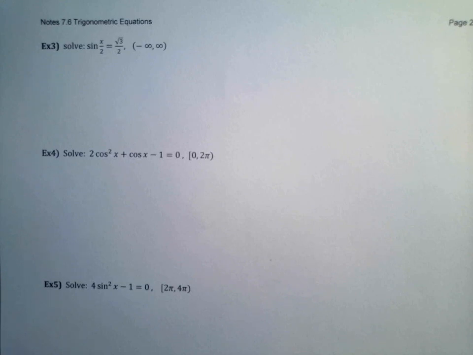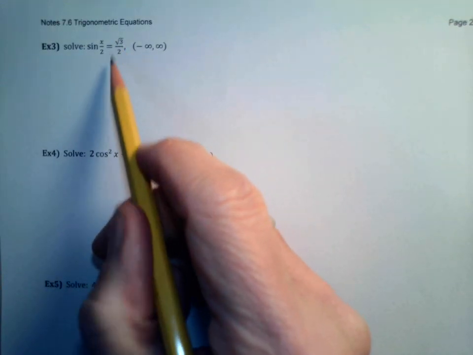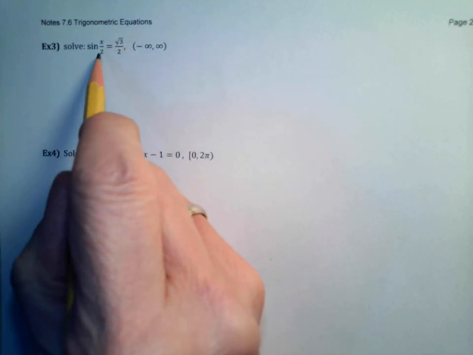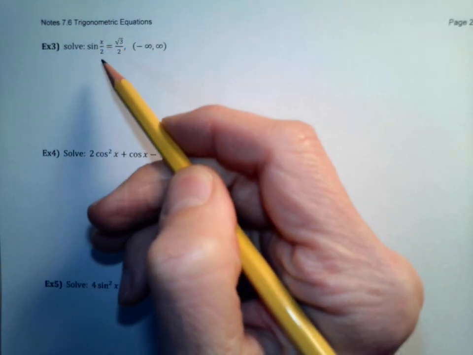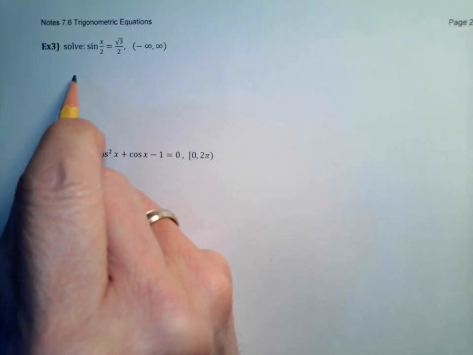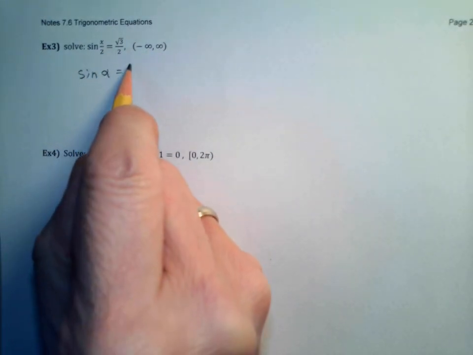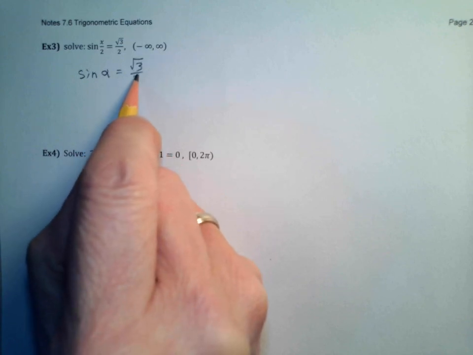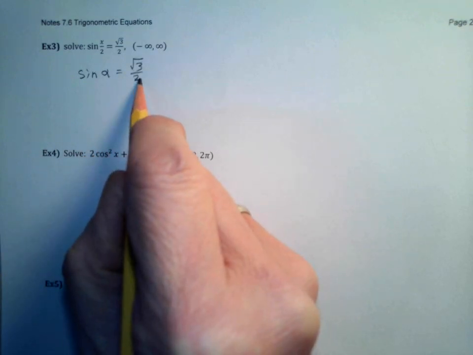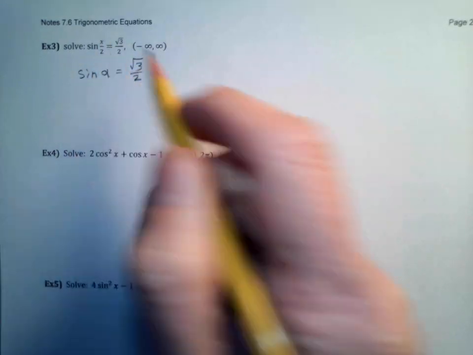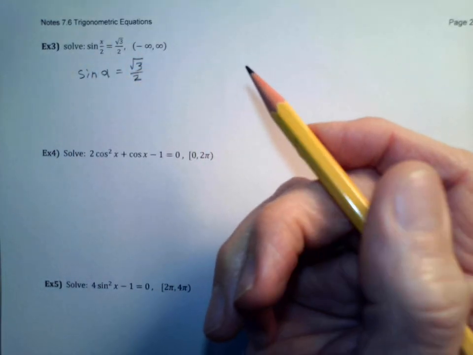All right, so we might want to think about where this would be. And of course, if it was just x, we could go directly, but you might want to do sine alpha equals the square root of 3 over 2 first, and do a little substitution, taking the x over 2 out.